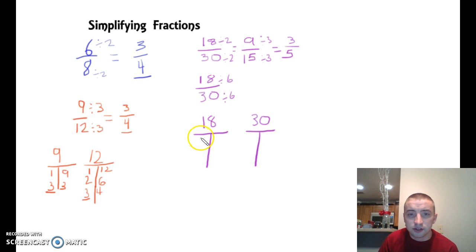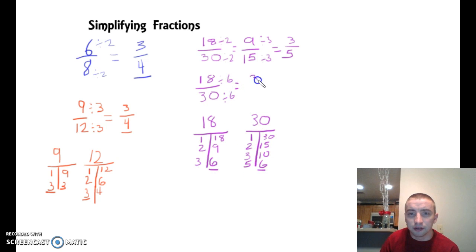So I know 1 and 18, 2 and 9, and 3 and 6. For 30, I have 1 and 30, 2 and 15, 3 and 10, 5 and 6. So 6 is my greatest one. So I can divide them both by 6.